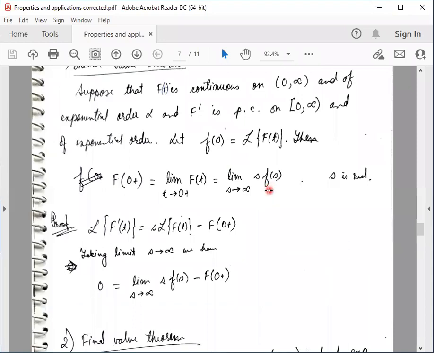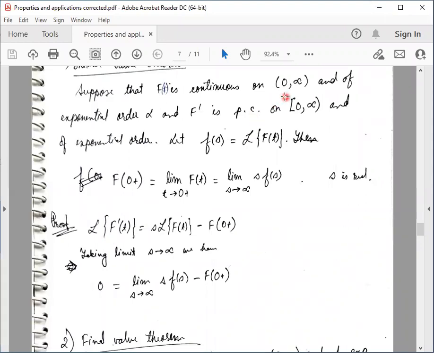Okay, this is fine. And how do we prove this? The proof is very simple. We already know the Laplace transform of derivative of functions. The Laplace transform of the derivative of a function is s times the Laplace transform of the function minus the value of the function at 0. And here, this is the limit.